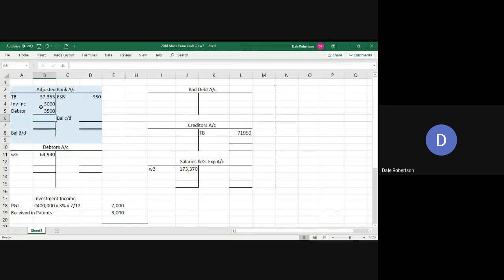The last one is number 5. It says a check for €360 paid to a supplier or a creditor has been entered in the accounts as €630 in the cash book and the ledger. So we need to fix that. We have put 630 here, money out, when actually the check that we wrote was only 360. 630 never left the account.